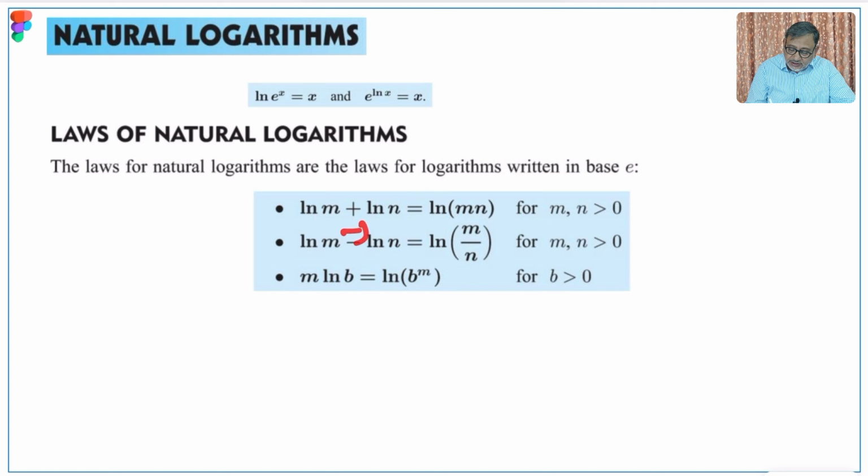So minus changes to divide when you combine the two logarithmic functions. Similarly, m times ln of b, any scalar multiple to the left of ln, will go in the power. So ln of b to the power m. These are the three rules.